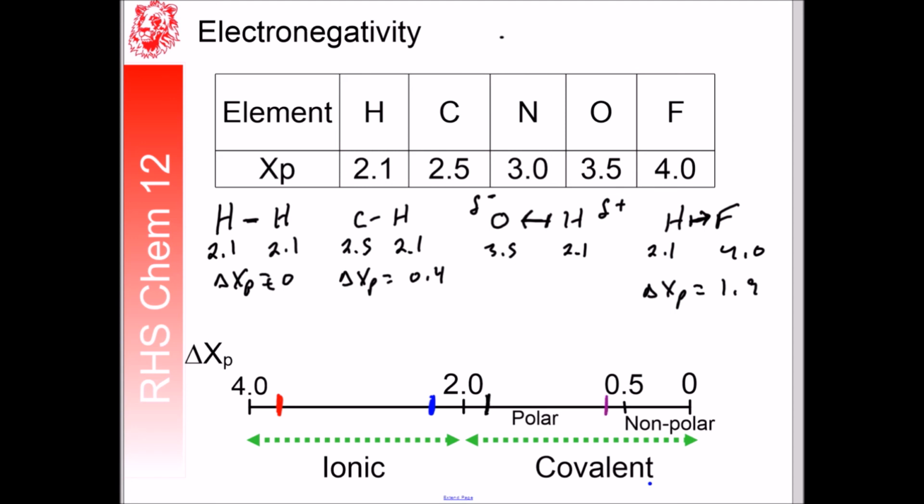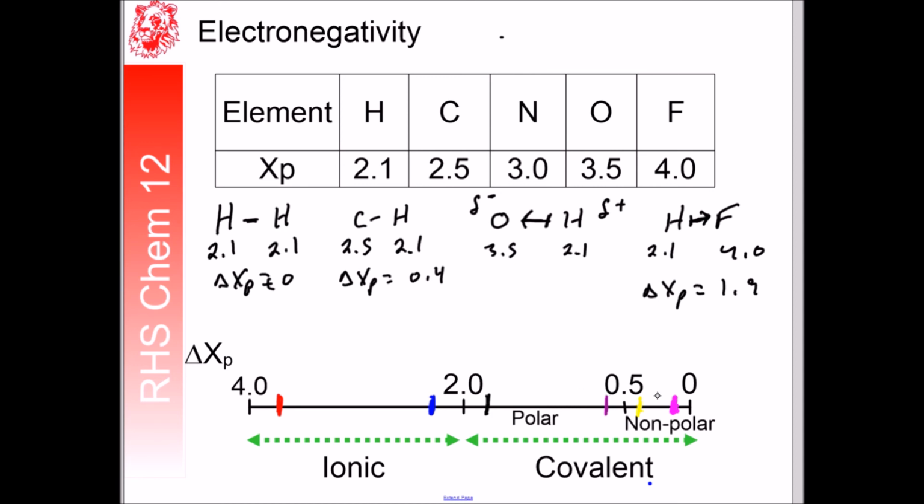I'm trying to run out of color, so we'll do a yellow there, and we'll do a fuchsia pink right there. And so the red and the blue would both be qualified as ionic. The black and the purple would both be considered polar, and the yellow and the pink would both be nonpolar. If you look at those categories, you would say that these two are most similar, those two are most similar, and these two are most similar.